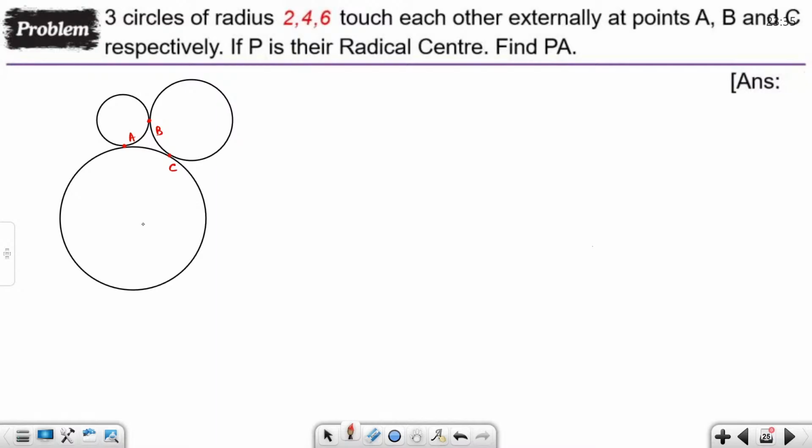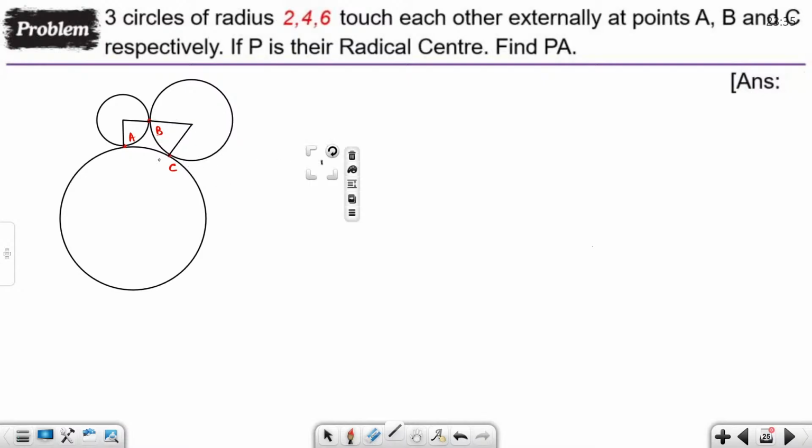The radius for the first circle is 2. So this is length 2. This is also length 2. For the second circle, the radius is 4. That is, this length is 4. At the same time, this length is also 4 because they are the radius of the same circle.